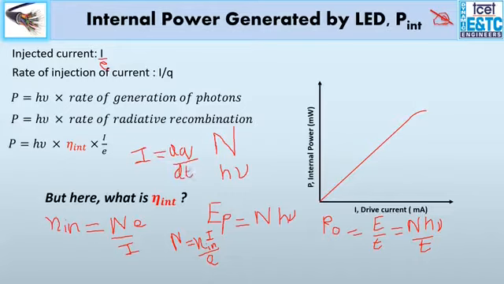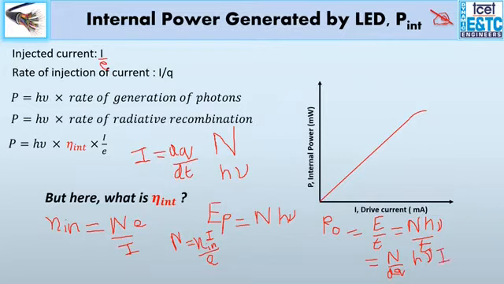So T will be dq by I. So the number of photons by dq, that is the rate of generation of photons by the rate of flow of the carriers, h nu into I, the forward current.